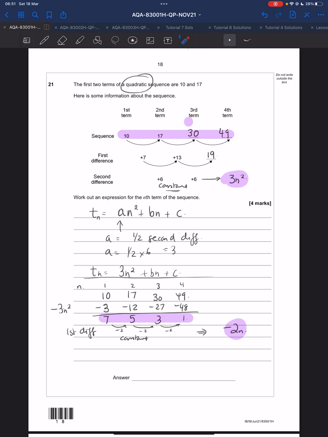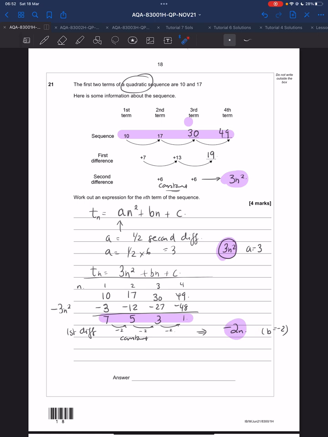Now the first one is 7. Just trying to keep this neat: a is 3, and b is minus 2, because the first difference here is going down in twos.